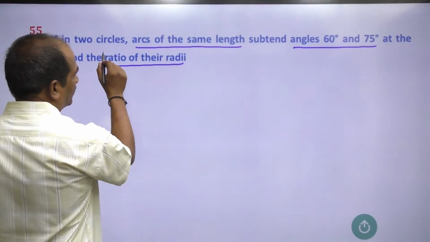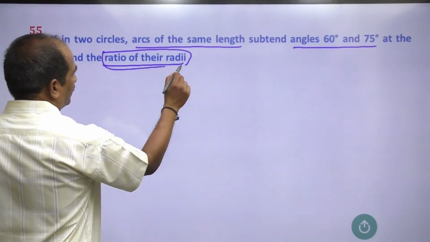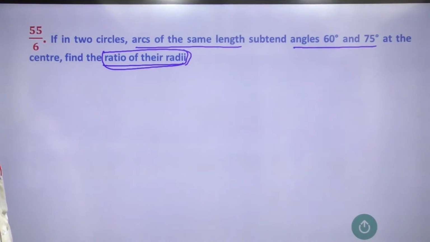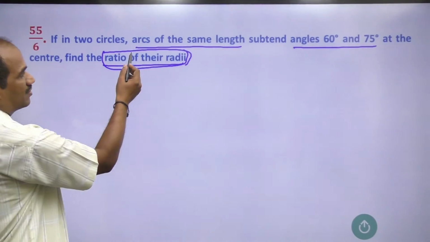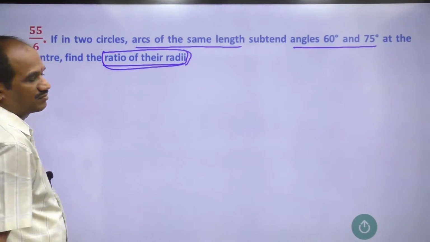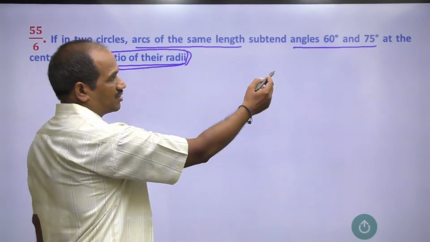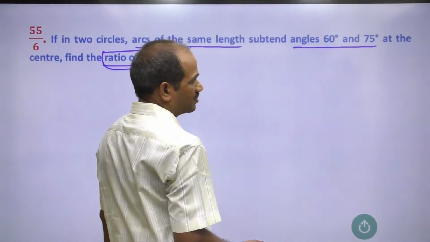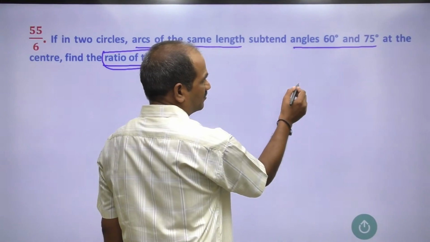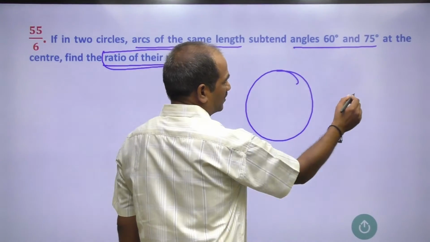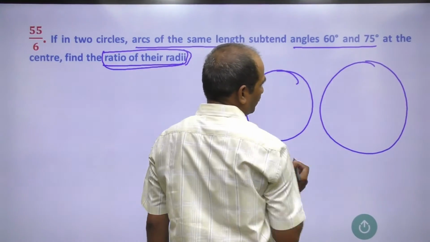In the given data, arcs of the same length subtend angles 60 and 75 degrees. First, the diagram: this is the first one, this is the second one.